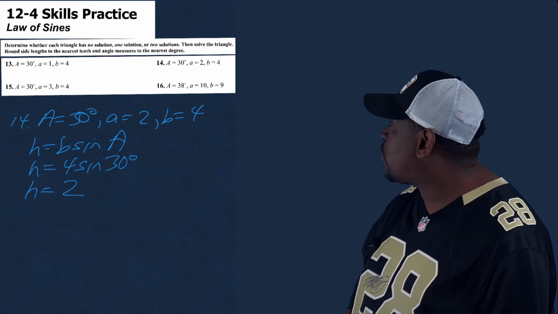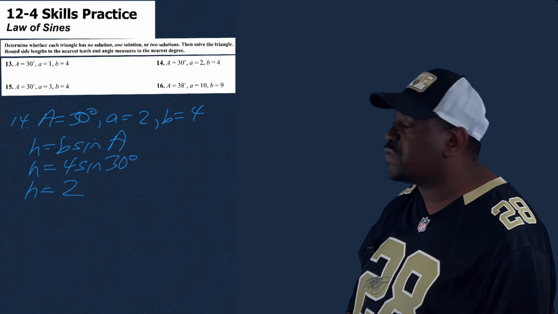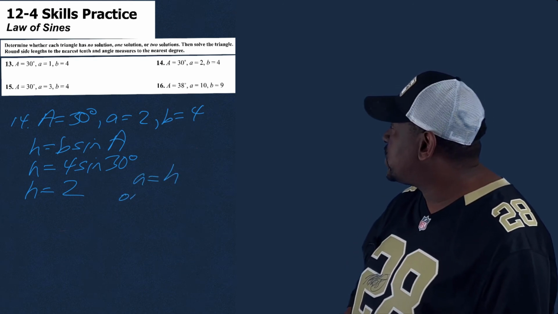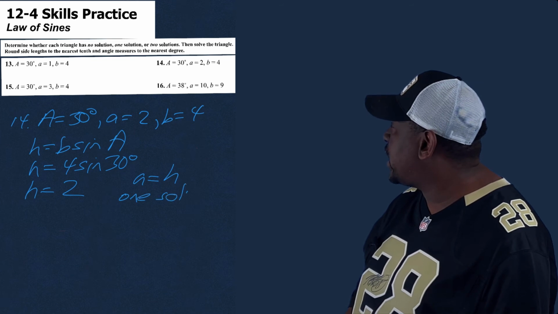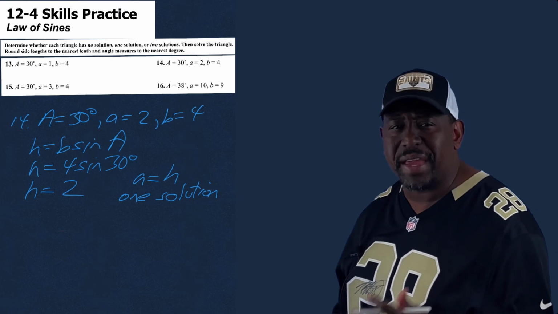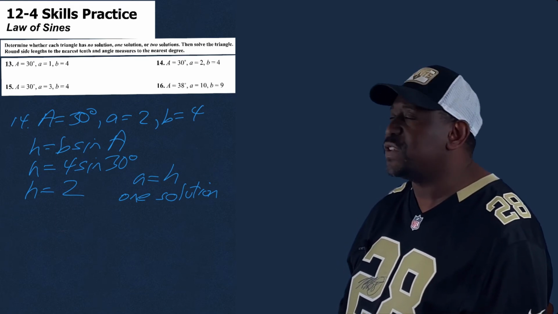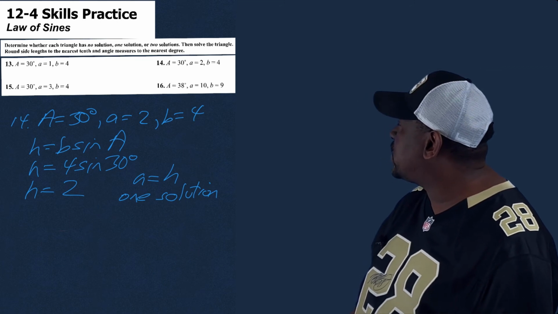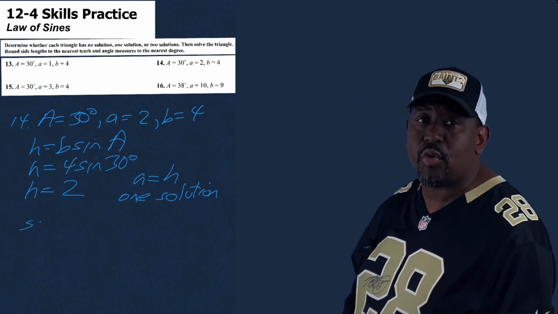And when we solve for H, we will get a value of 2. So the height is equal to A. So it says here A is equal to H. And there's a table you can use to determine, based on the value of H, if it's a 1 solution, 2 solution, or no solution. We determine that this is a 1 solution problem.